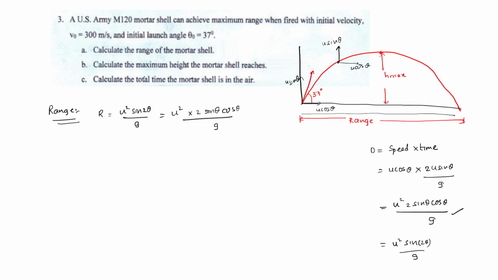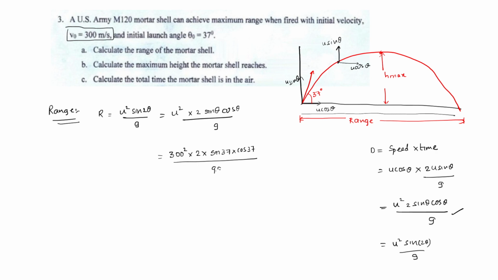Now here it was given that the initial velocity is 300, so I'll use 300 squared into 2 times sin 37 times cos 37 by g. I can take g as 9.81 or 10. For calculation purposes, I'll take it as 10, or if you have the freedom to use a calculator, then you can use 9.81, because with the help of the calculator it will be easy.